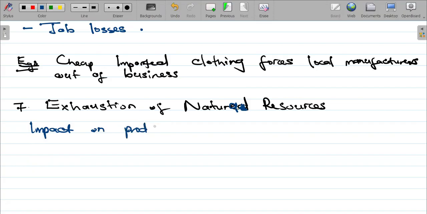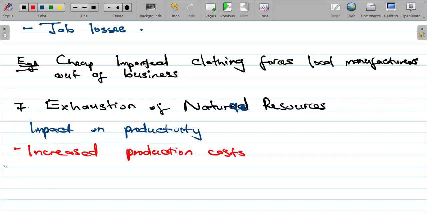And also you can find that there will be increased production cost, as well as reduction in the availability of raw materials.